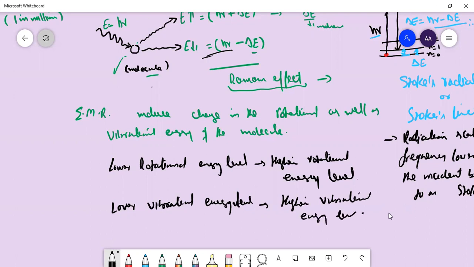So it means that this Raman effect deals with both rotational as well as vibrational spectroscopy.